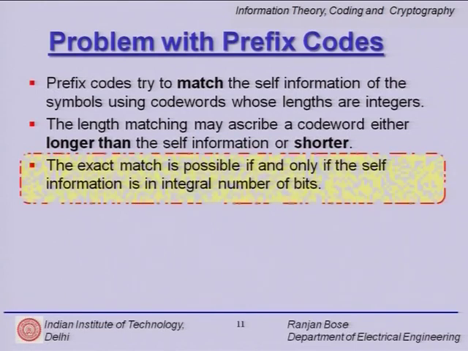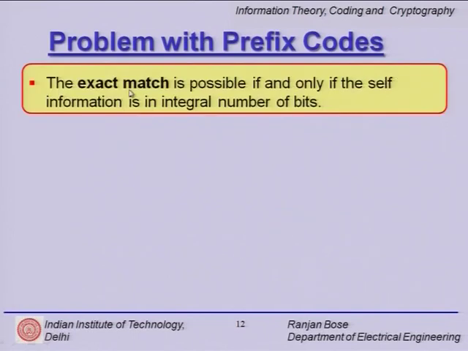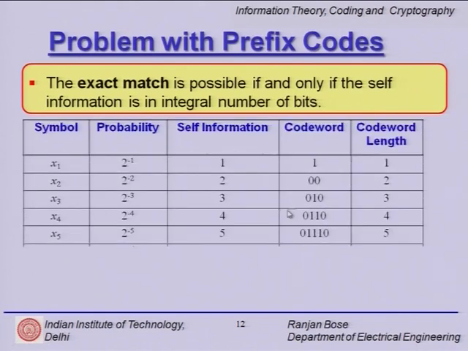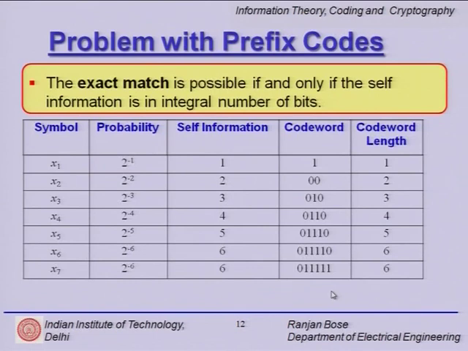The exact match is possible if and only if the self information is an integral number of bits. So, let us look at this more emphatically. We are trying to see when does that happen, when is the exact number of bits in self information an integer. So, we look at this table quickly.